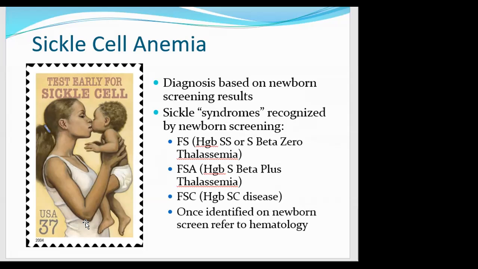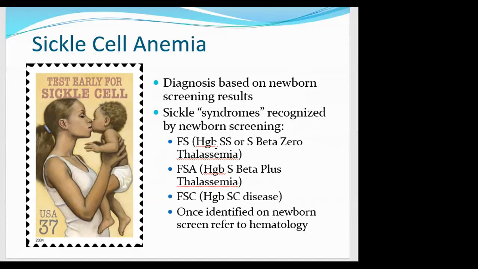So, like we discussed, sickle cell anemia is diagnosed on the newborn screening results. And there's different types of sickle cell disease. So there's a lot of types. So we're just going to talk about the four main types of sickle cell disease.